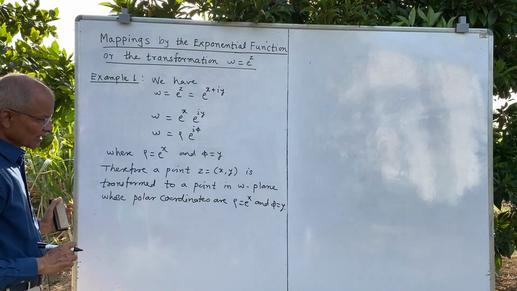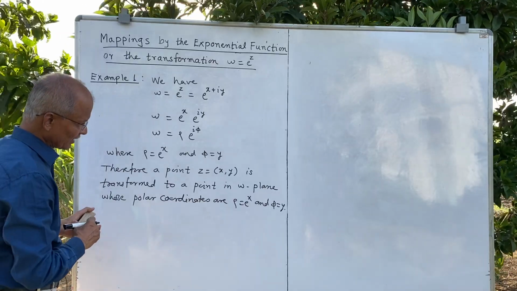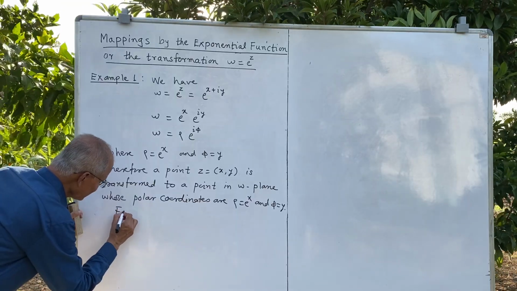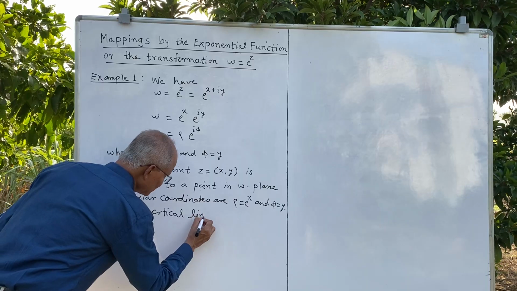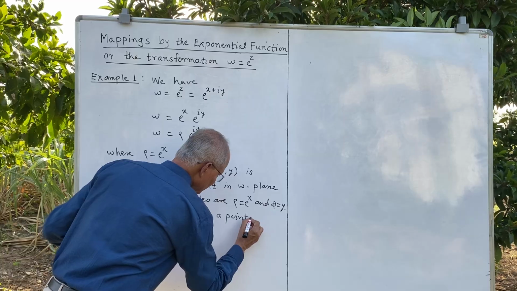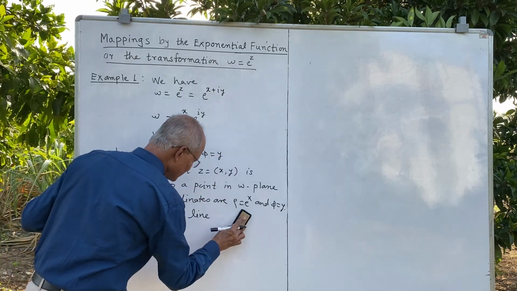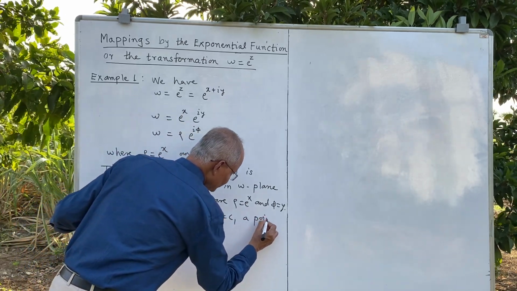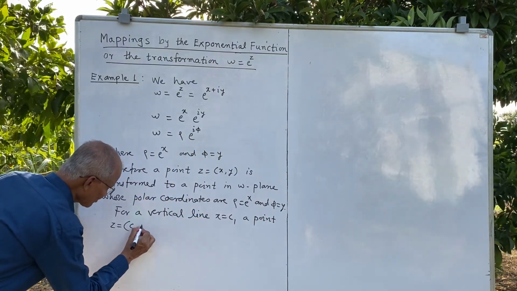And now we shall consider a point z for a vertical line, the equation of which we may consider as x is equal to c1. A point z on it is z is equal to (c1, y).